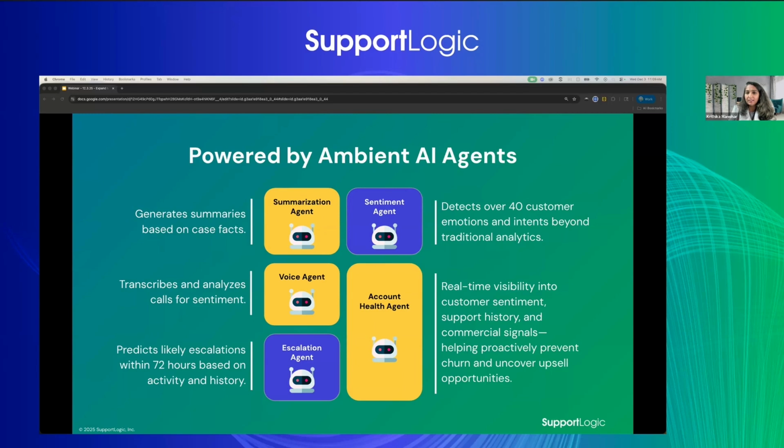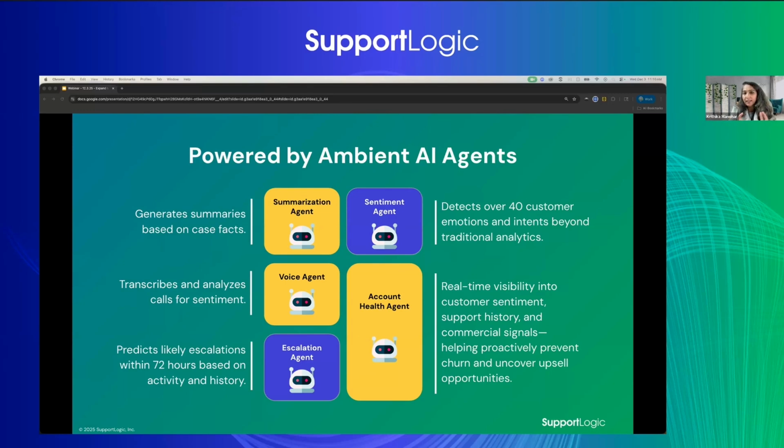So this is very relevant when we are determining the health of the account, because the health of the account is really driven by all of the support conversations that build into it. And then we have the escalation agent, which predicts escalations in a timely manner. It's based on the activity and history. Again, this is also something you've seen in the context of other modules.